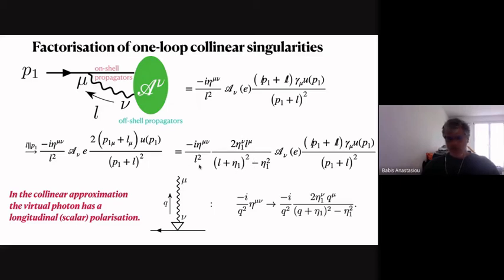So practically, a very quick way, and that we also know from the factorization of collinear singularities for parton distribution functions, in order to take the collinear approximation, is to take the exchange photon and make it longitudinal. Then you have the collinear limit of the amplitude.